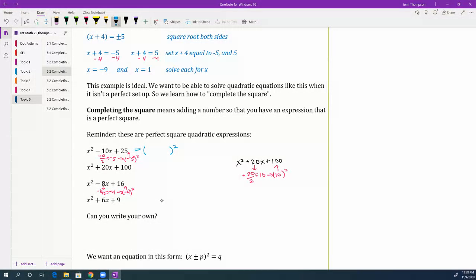We're very well versed in how to factor that. There is a shortcut though. The shortcut is that half of this number is this value.